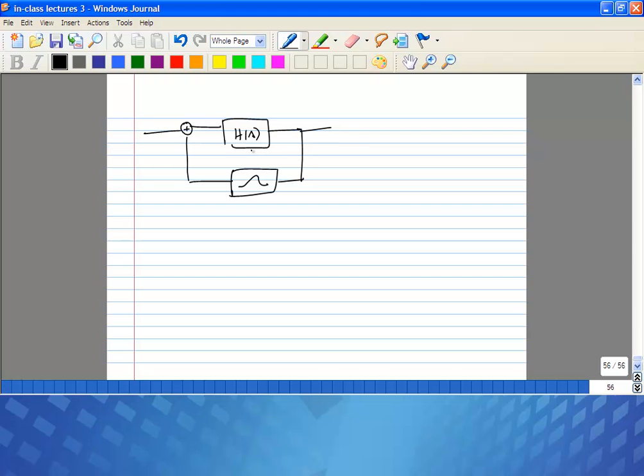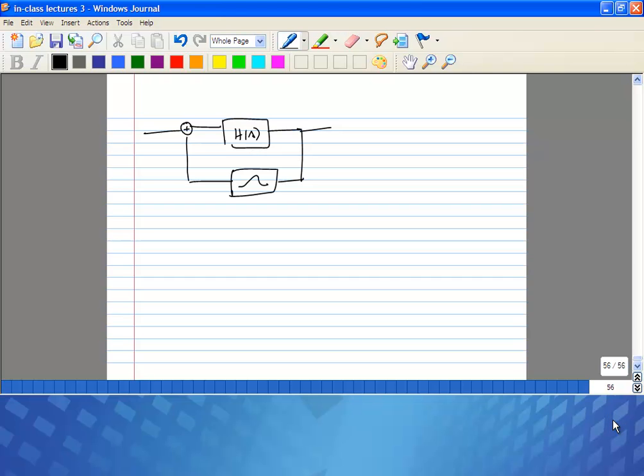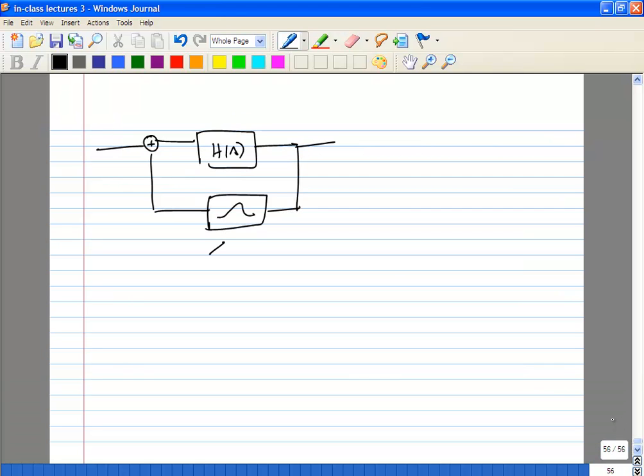So if you look at most RF oscillators, they implement something like this, except they also add an RLC network here. It's a frequency selective network, which helps to set the frequency of oscillation.